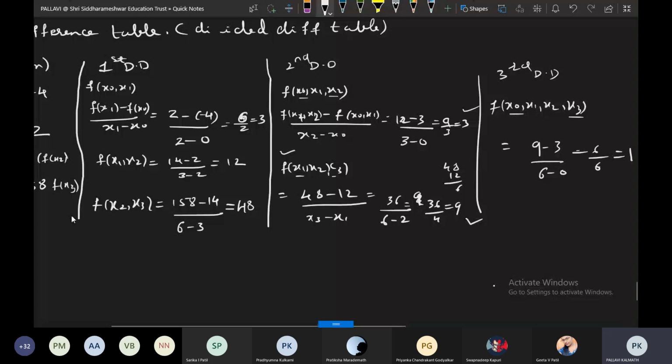Okay, so write the formula. What is the formula? Newton divided difference formula.